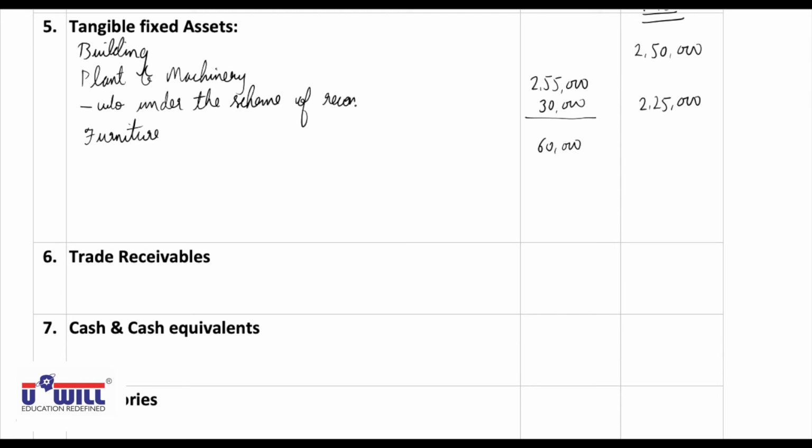This is the company's law, so you have to write that only. Minus written off under the scheme of reconstruction 5,000, so outer column 55,000.